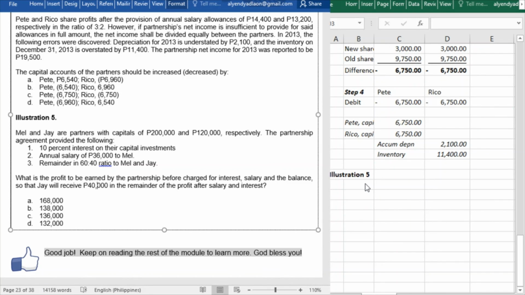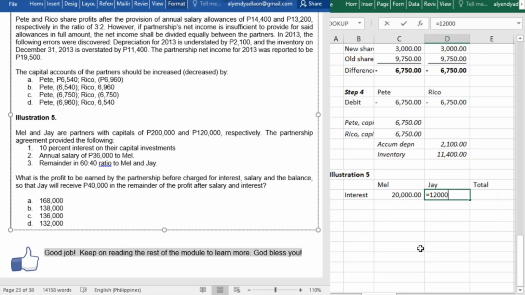So what are we going to do? Simple. We just have to make the table or the format for our profit distribution. So that would be for Mel and J and then the total. Then first, 10% interest is to be given on their capital investment. So let us start first with interest. We have 200,000 multiplied by 10%, that is 20,000 pesos.